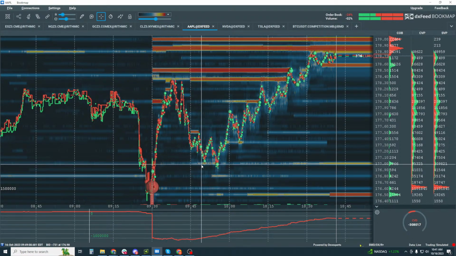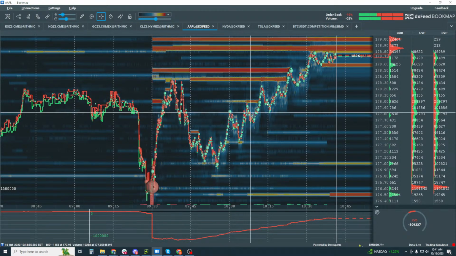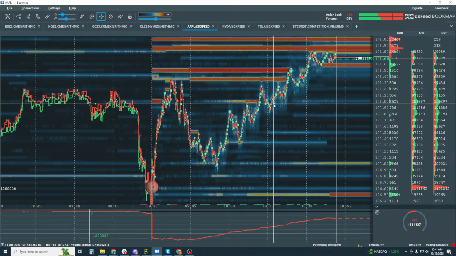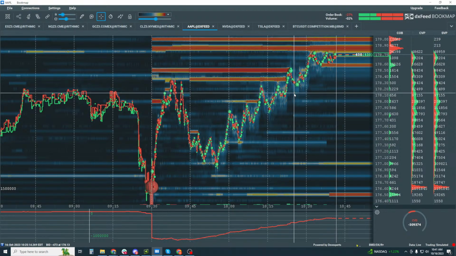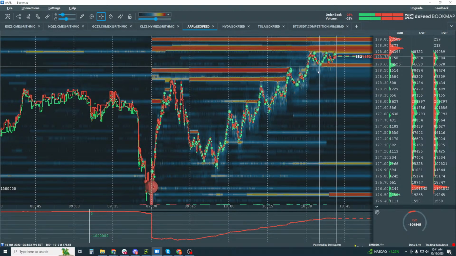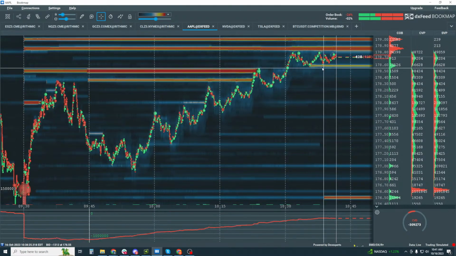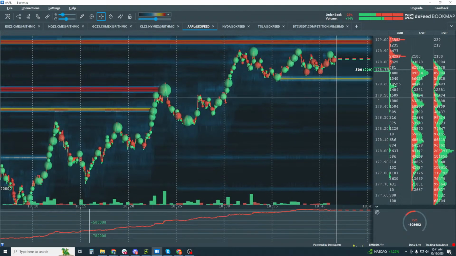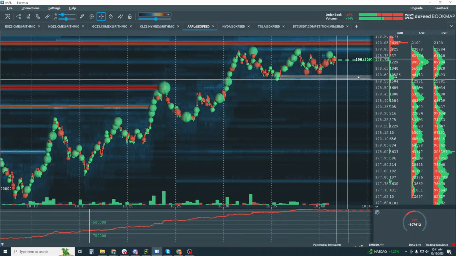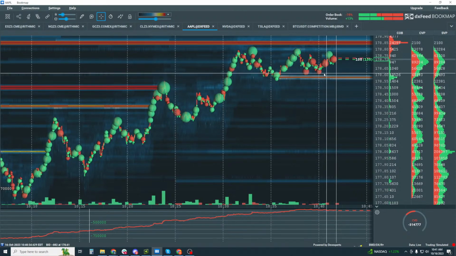Well, Apple's still bullish here. Fading into and through. Here they are in the bid, at a higher level at 178.50, or 60 or something. Still finding buyers.